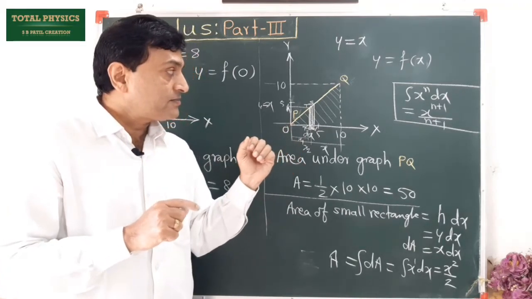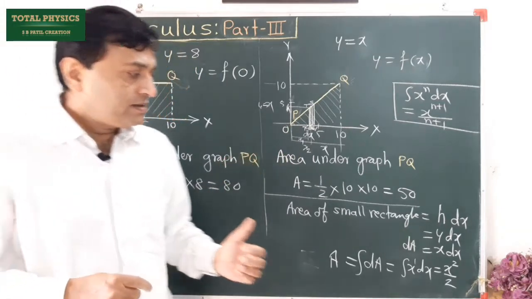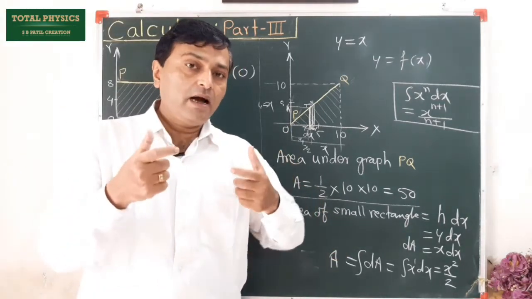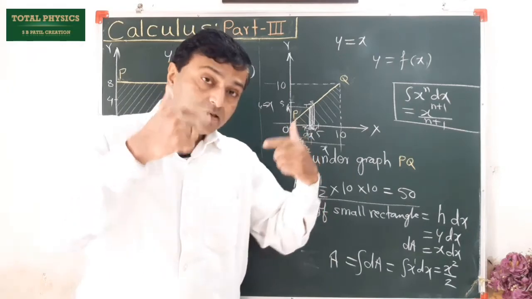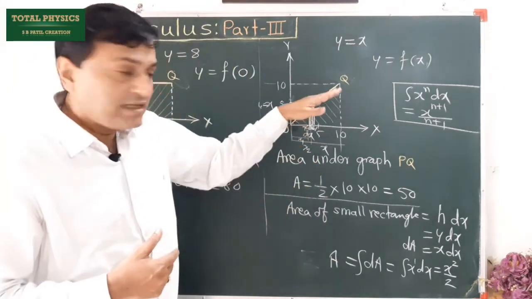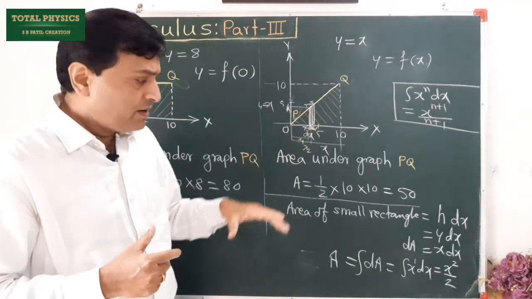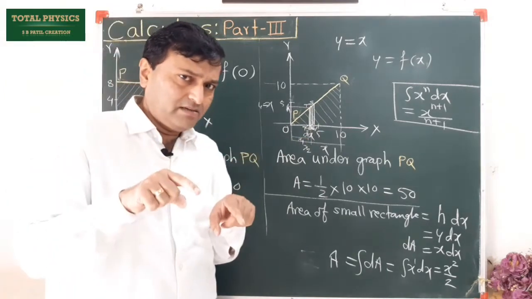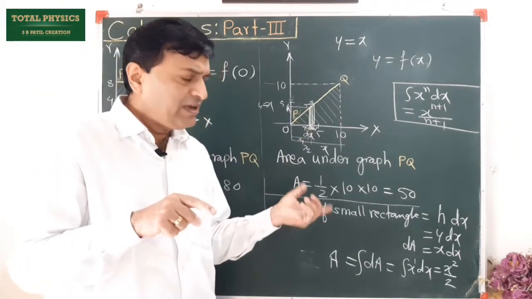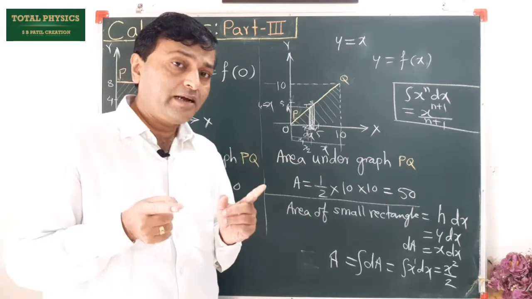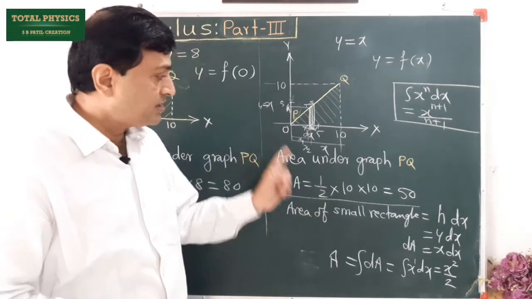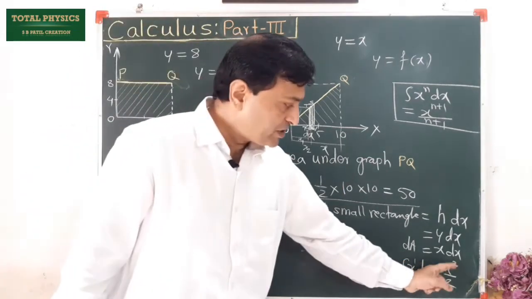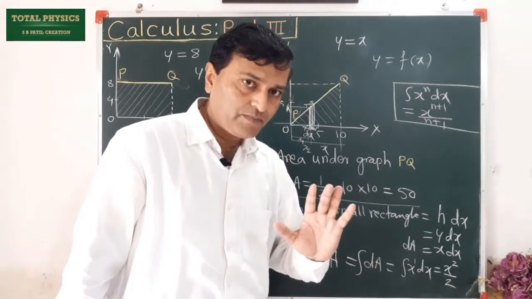In this case, you can say area under graph. It is a triangle, na? Simple triangle, but we have taken a rectangle. Can we convert this triangle into a rectangle for the same area? In this case, area is 10 square, 100 upon 2, 50.